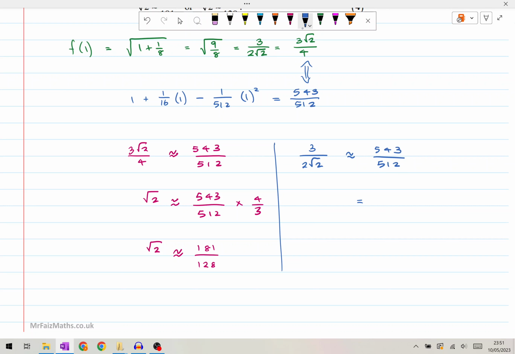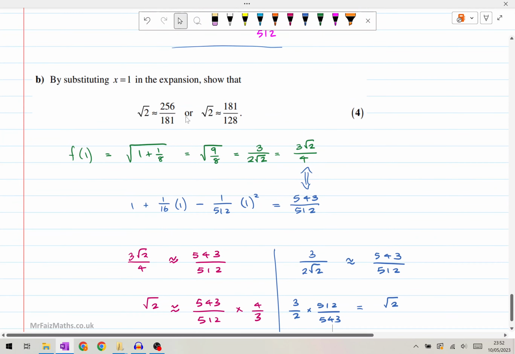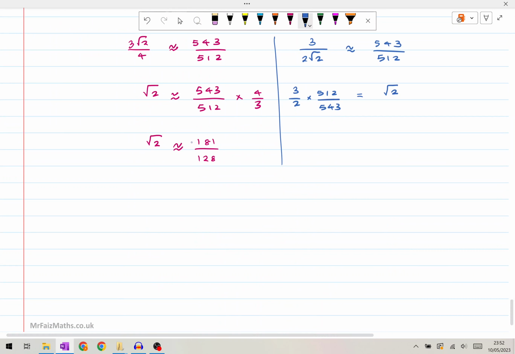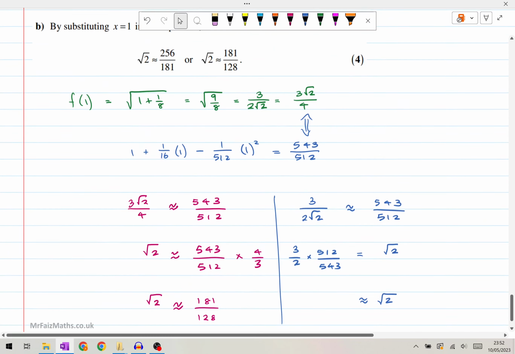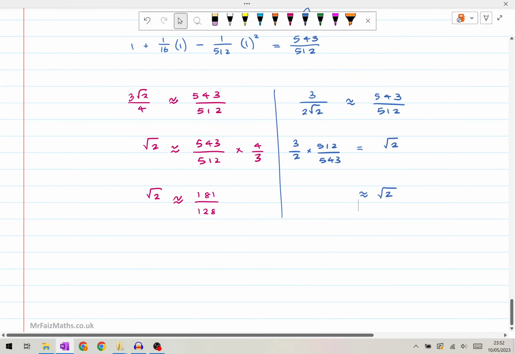So you'd have root 2 on this side, and 3 over 2 times 512 over 543. If you plugged all this into the calculator, you will get the other form, which is 256 over 181. So you could also say that root 2 is approximately equal to 256 over 181.